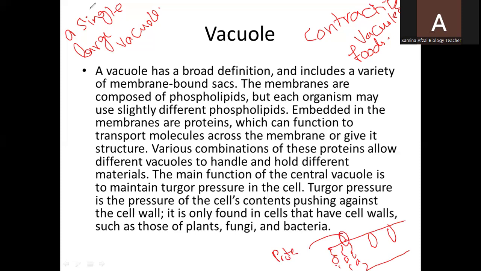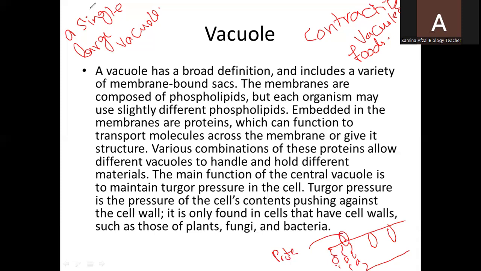The function of these proteins present in the membrane is to transport molecules across the membrane or give it structure. Various combinations of these proteins allow different molecules to handle and hold different materials.